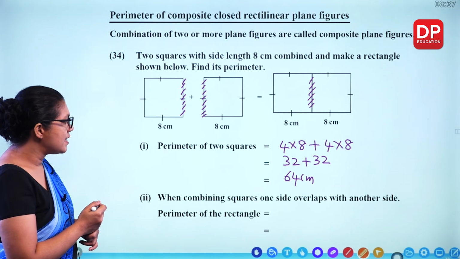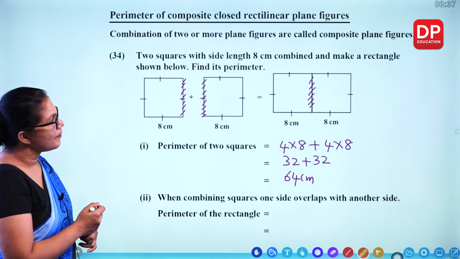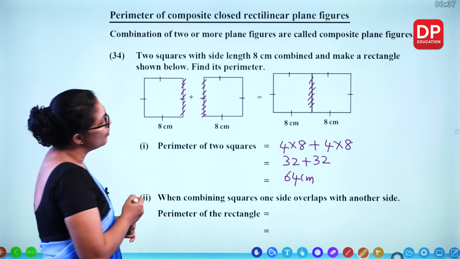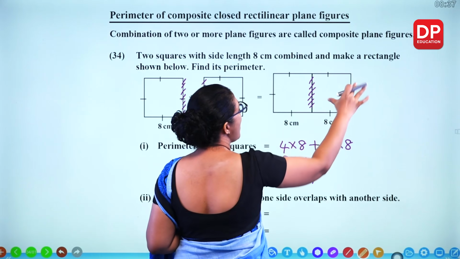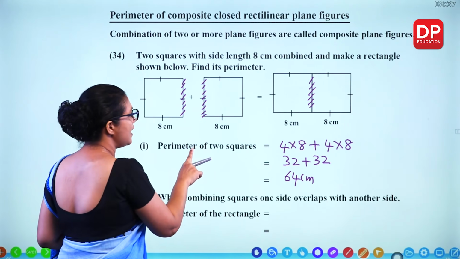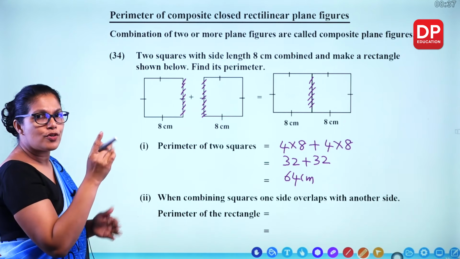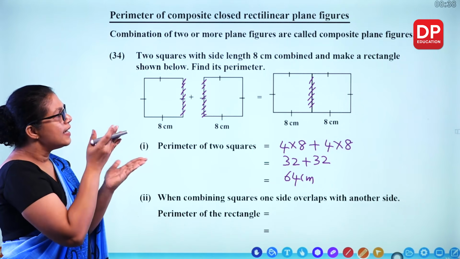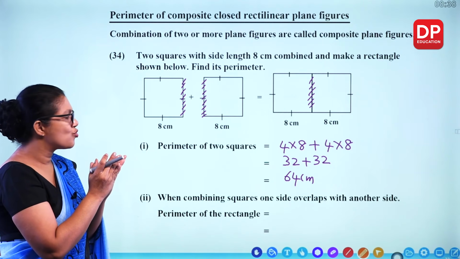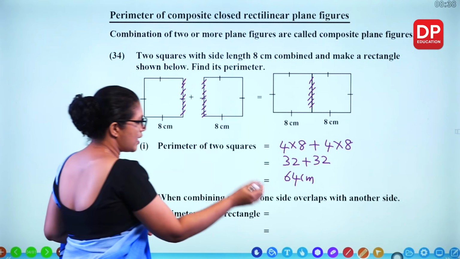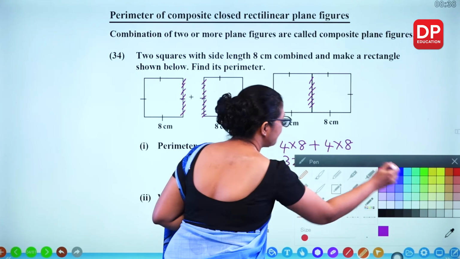So what's the perimeter of the rectangle? How many 8s are there now? 1, 2, 3, 4, 5, 6 now. Earlier 8. Now two sides overlapped and it's in the rectangle. So you can't take those two sides. So we can check it.